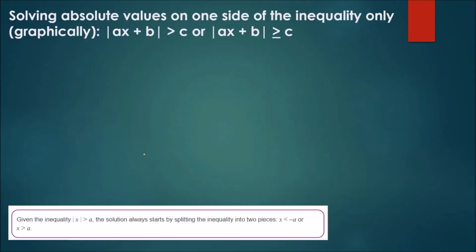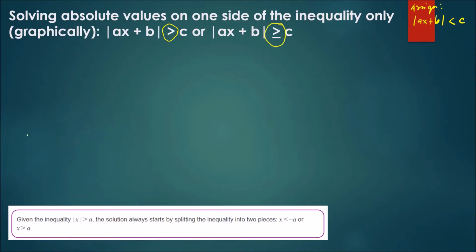Okay. Now, let's have another case. Remember, in our assignment, the cases are the modulus of AX plus B less than C. Now, we will talk about what we're going to do if the inequality is greater than.